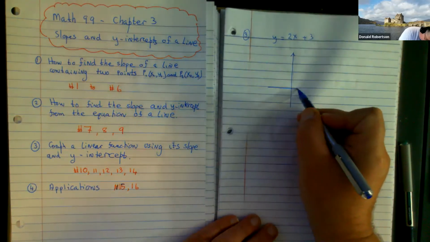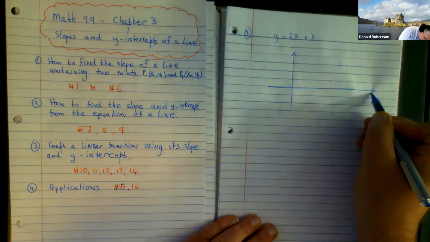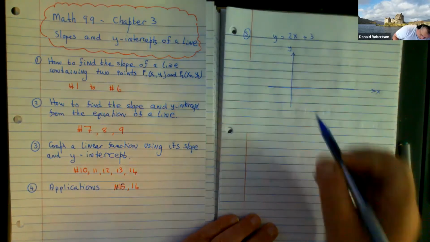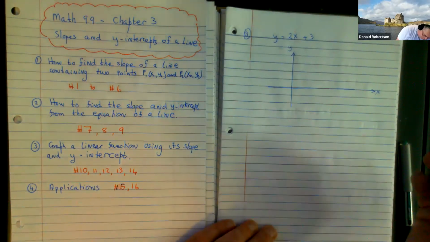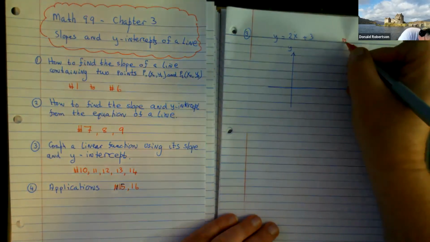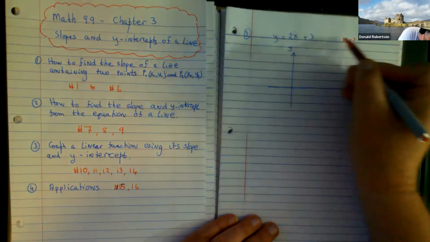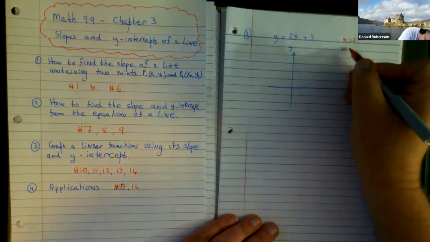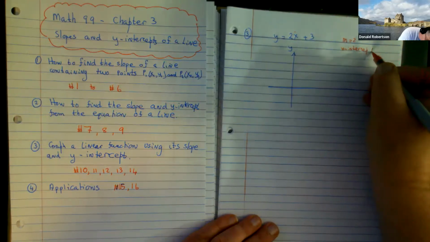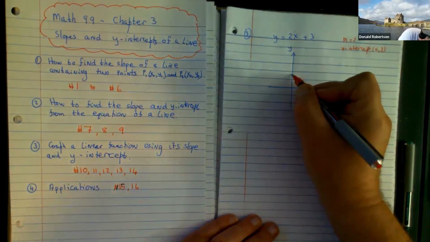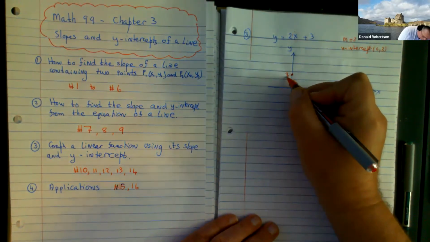Well, this equation is pretty much good to go. Would you agree that the slope is 2 and that the y-intercept is at 0, 3? So what you would do is plot the y-intercept first.